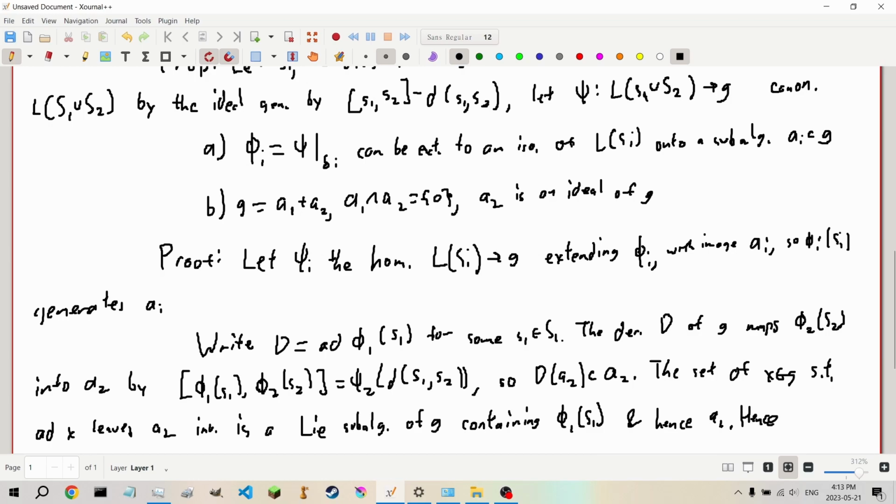Hence the bracket of A1 and A2 lies within A2.